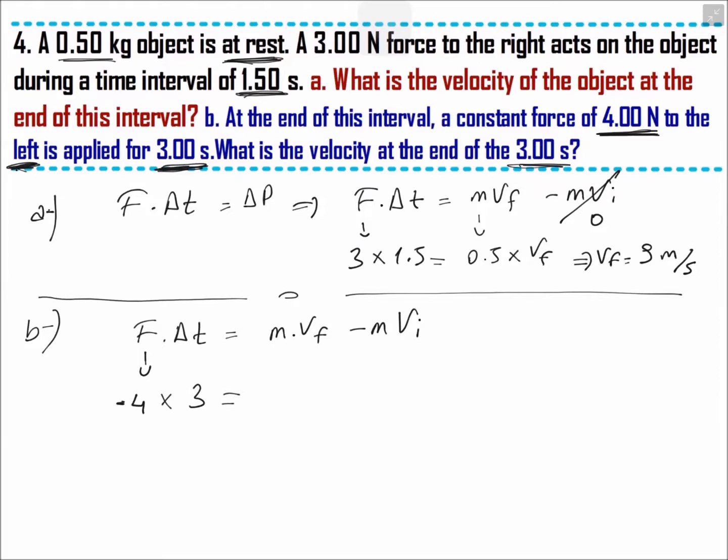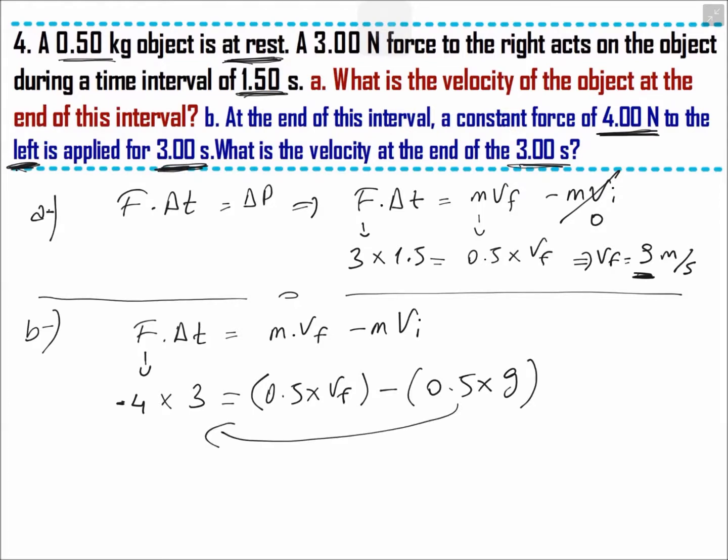That equals m, 0.5, times v final, which is unknown, minus 0.5 times v initial, which as we calculated at part A is 9. So if we send this to the other side and divide both sides by 0.5, v final is going to be negative 15 meters per second.